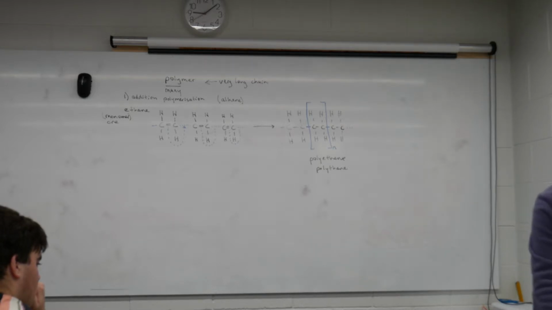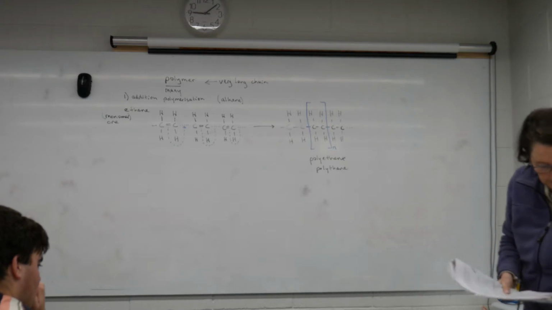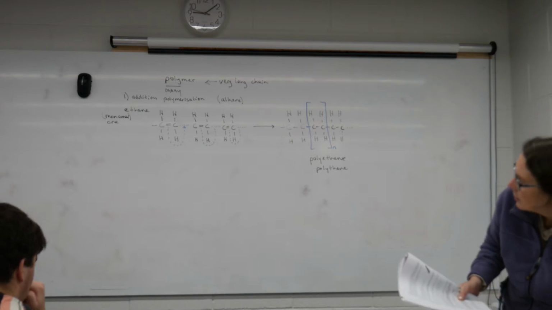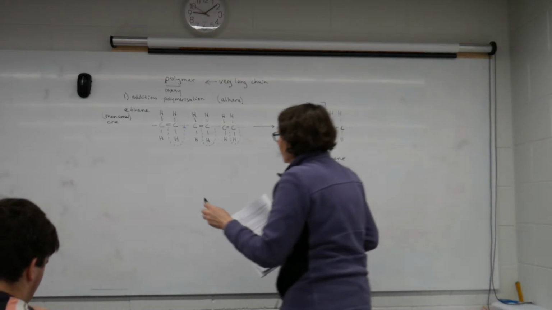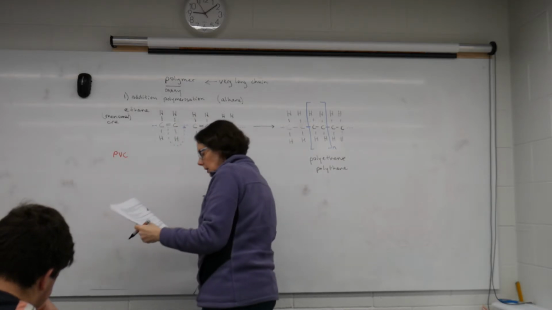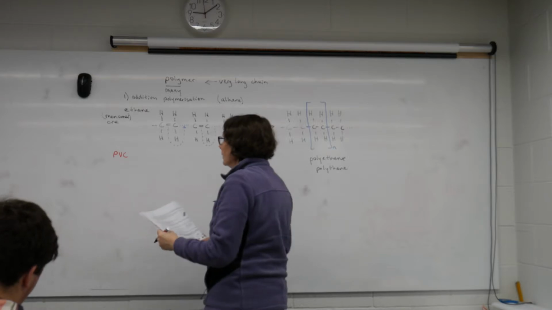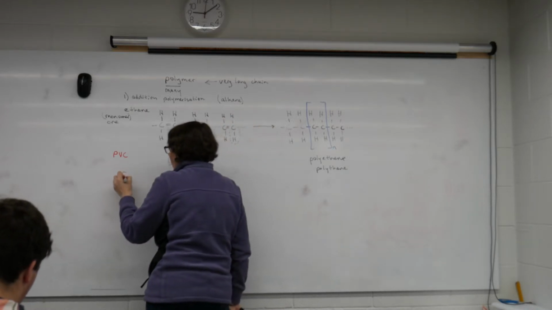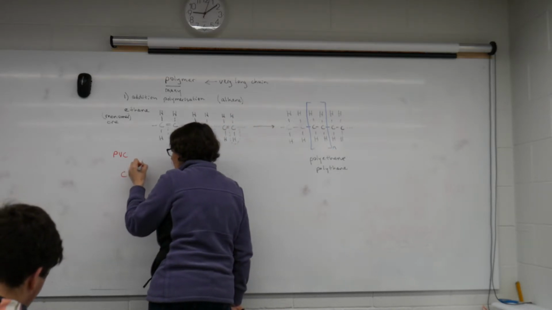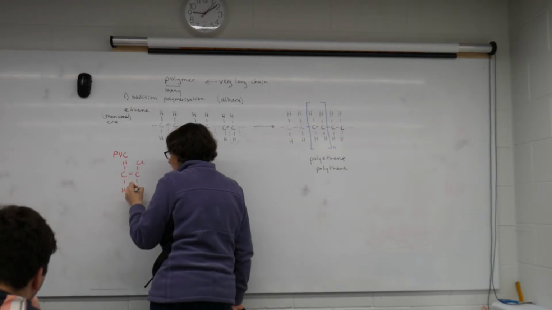If we look at another example, which is question 13 in your booklets, polyvinyl chloride. Okay, so polyvinyl chloride, also known as PVC, is formed when one chloroethene. So if I've got one chloroethene, it's going to look like this, isn't it?